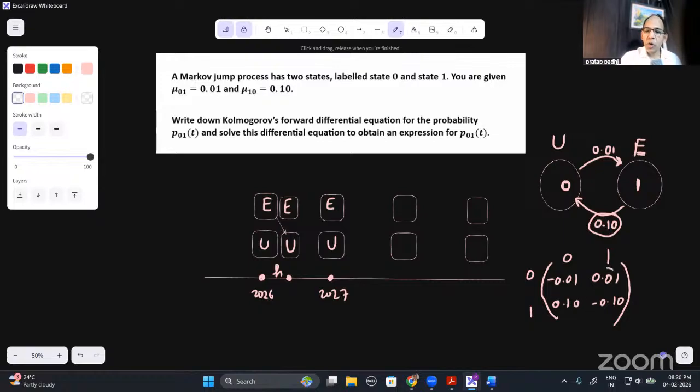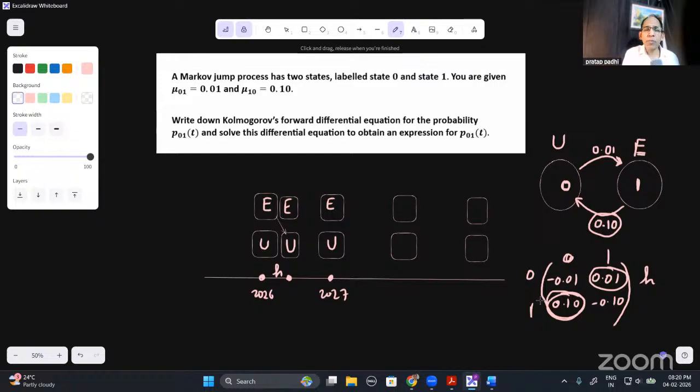So when we talk about this transition, if you want to get the probabilities, you can say in a small time period h. 0 to 1, where 0 is unemployed, unemployed to employed, or employed to unemployed, this is 10. When you talk about 1 to 0, 10, that means 10 in a year.